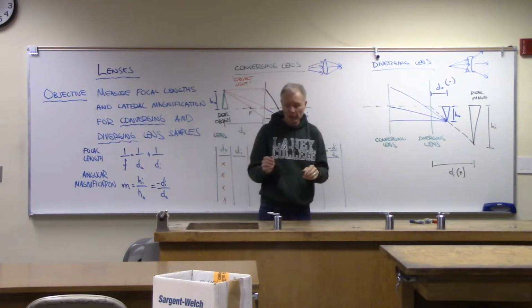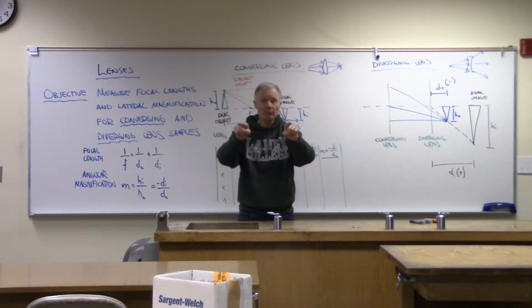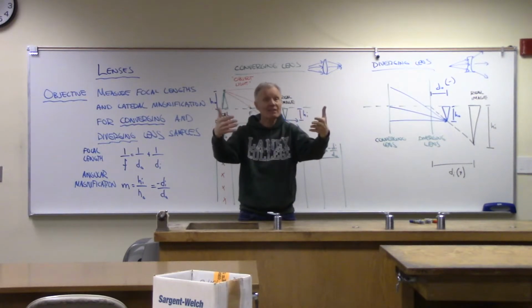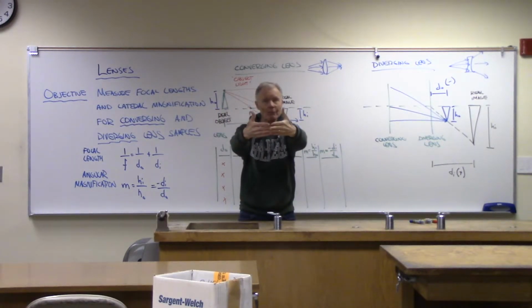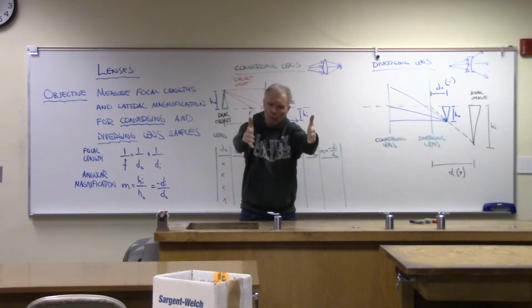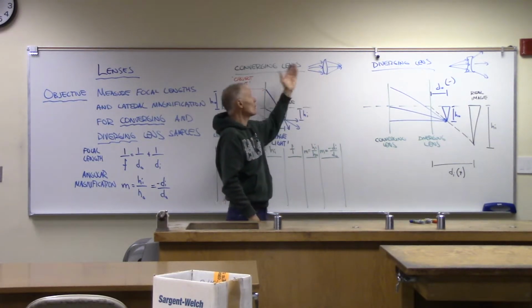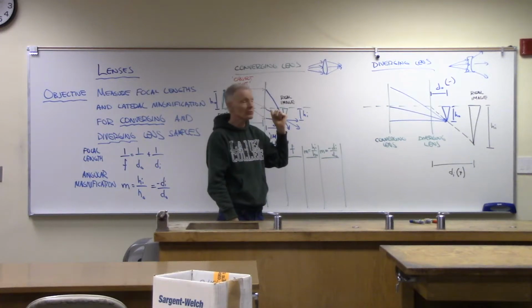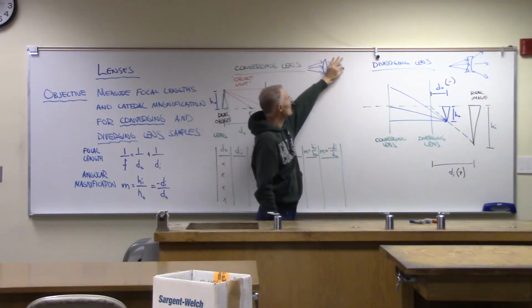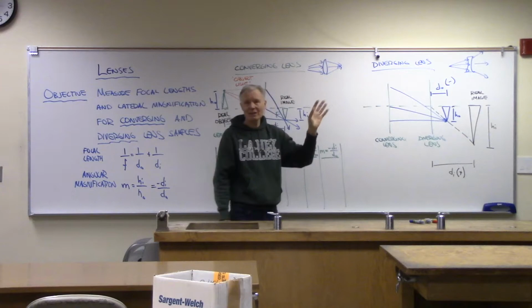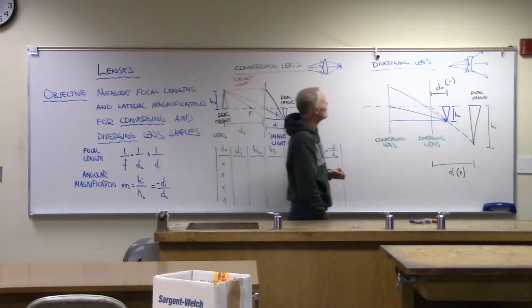If we have an object with light spreading out as it approaches, that lens is going to tend to bring the light together. Now, there's no guarantee that the light will converge enough to form an image. But as long as the object is placed far enough back away from the lens, then the converging lens will be able to bring the light together. In either case, it's going to end up converging.